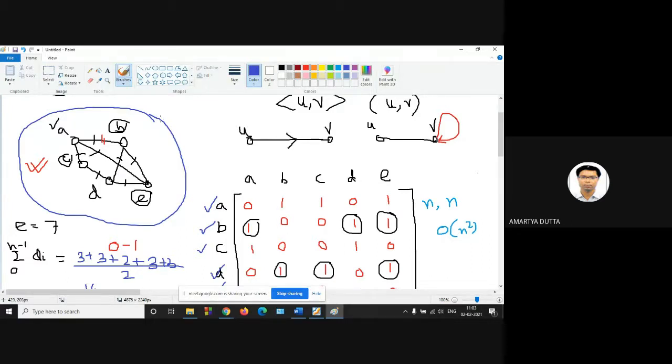Similarly, when your graph is given, you have to traverse from the starting vertex, which is given to you. There are two ways: first the breadth first search, and second the depth first search, along the depth and along the breadth. So first of all, I'm writing two algorithms.